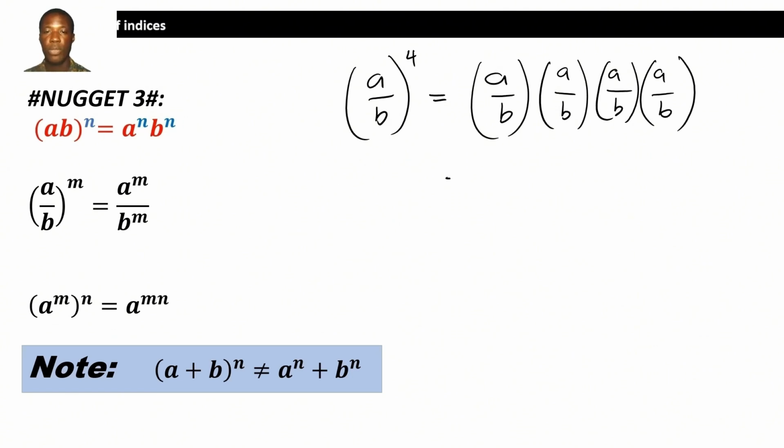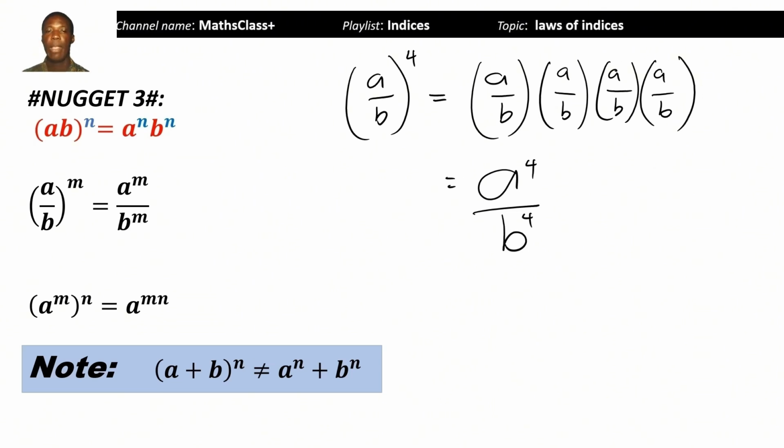Now this is multiplication, so the numerators will multiply and the denominators will also multiply. So we have a times a times a times a, which gives us a to the power 4. And then b times b times b times b, which also gives us b to the power 4. Yes, so this is what the law says, that if there is a fraction as a base with an exponent, the exponent affects both the numerator and the denominator individually.